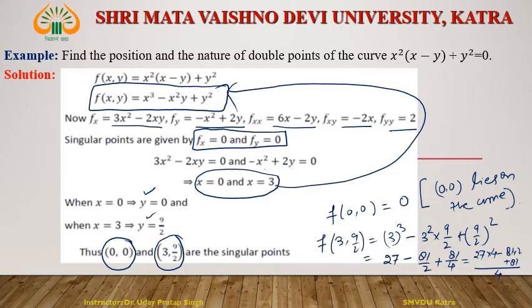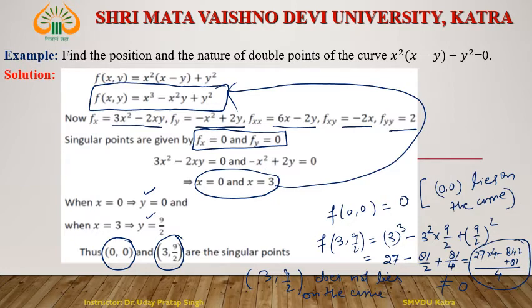See, this thing is not equal to 0. It means this point (3, 9/2) does not lie on the curve.